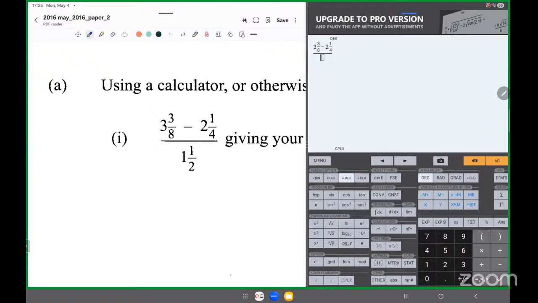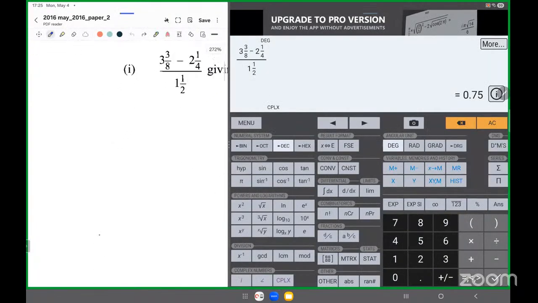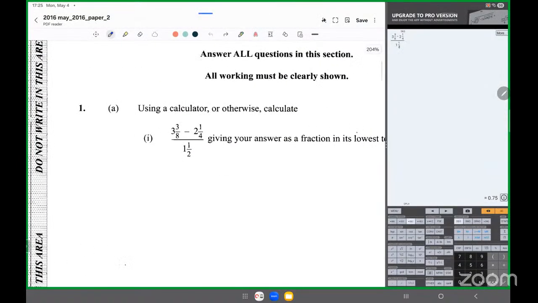And then we're dividing that by another mixed number, 1.5. All we have to do now is make sure that what we have in the calculator is the exact same thing there. And the answer is 0.75, which is 3/4. So the answer for this is 3/4.